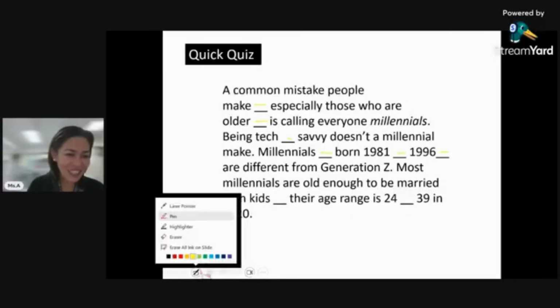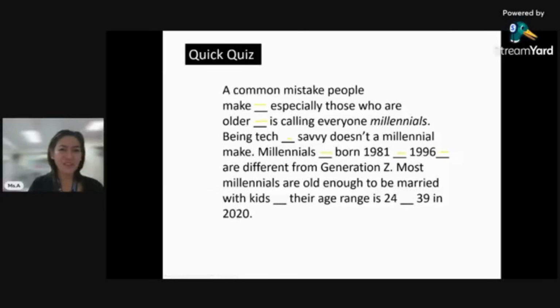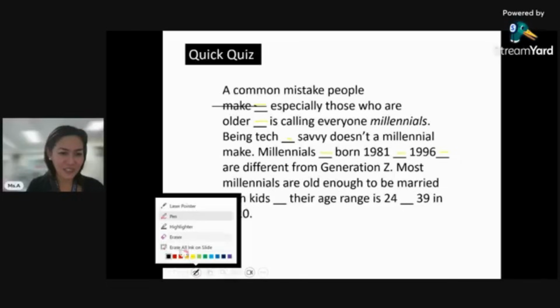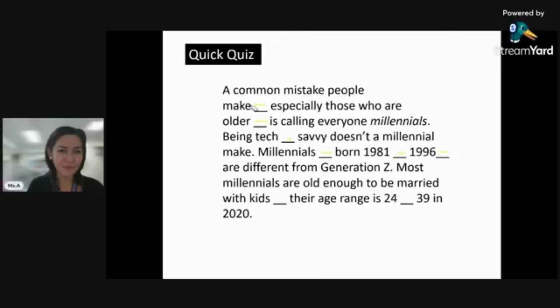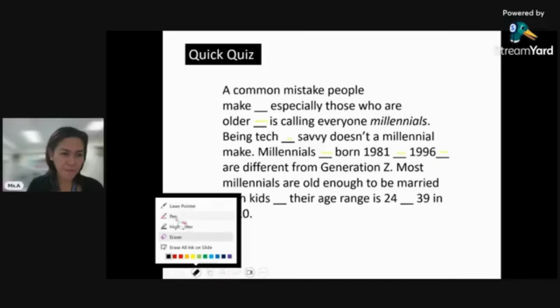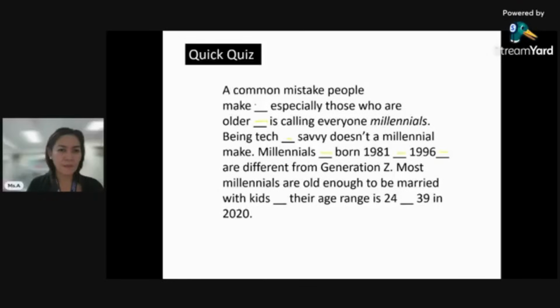Alright. Sige po. Ito po ay gamit tayo ng M dash. Humaba ng todo. Source. M dash. Because you're emphasizing these people.